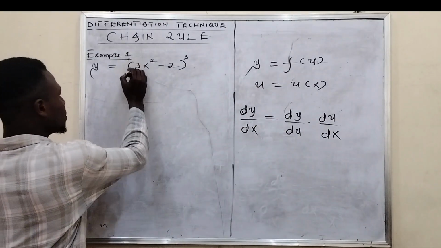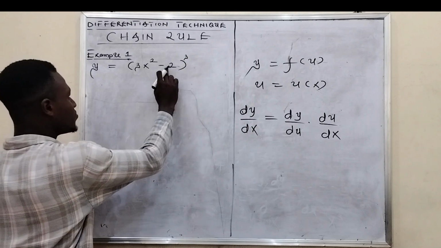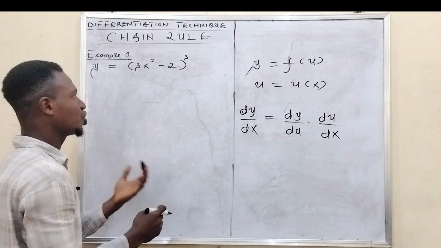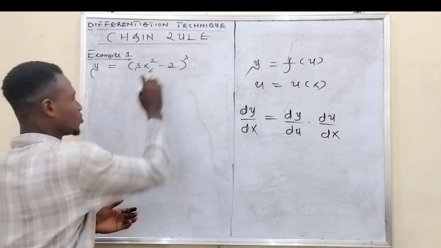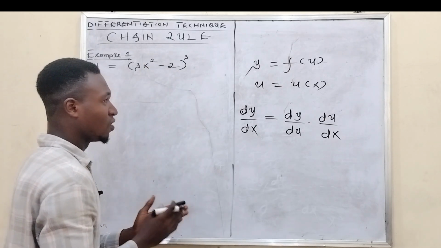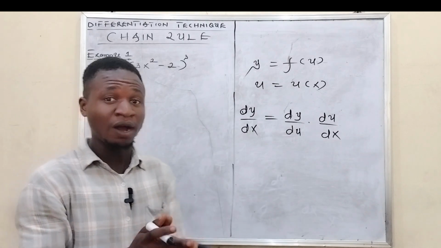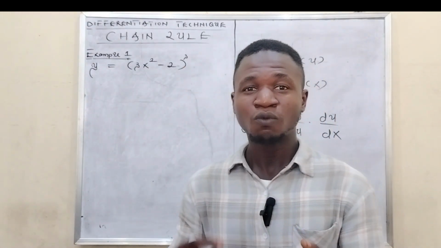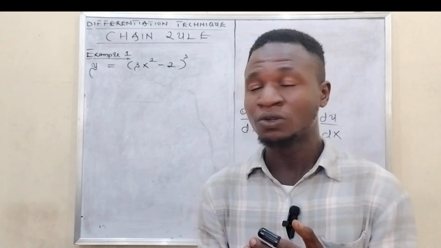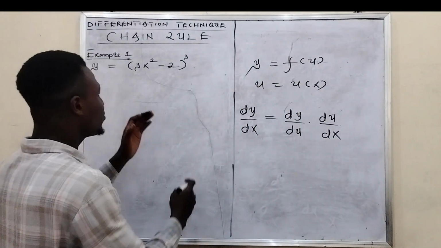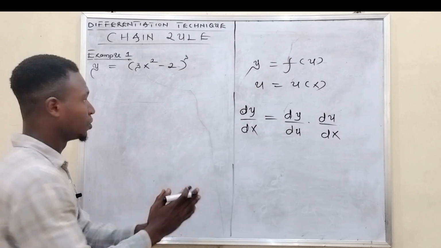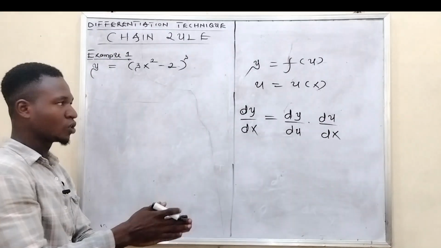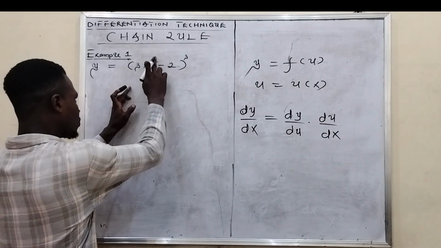The major function is (3x squared minus 2) raised to the power of 3, the entirety of the function, while the minor function is just 3x squared minus 2. One of the tools you will require in differentiation is understanding when a function itself is bearing another function.